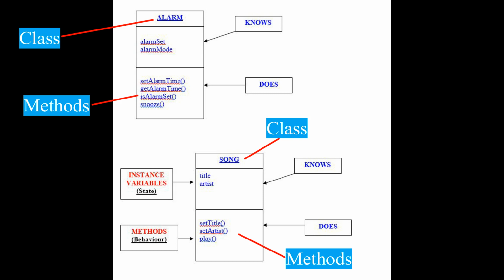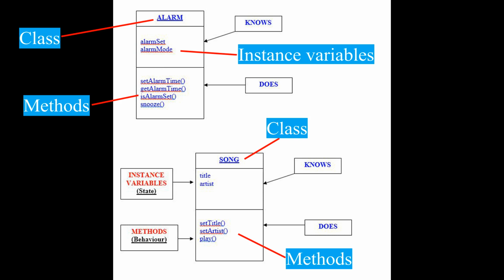Classes also have data associated to them, and normally that data is stored within instance variables. So in this case, the alarm class may well have two instance variables, one which contains the value of the set alarm and one that contains the value of the mode of the alarm.